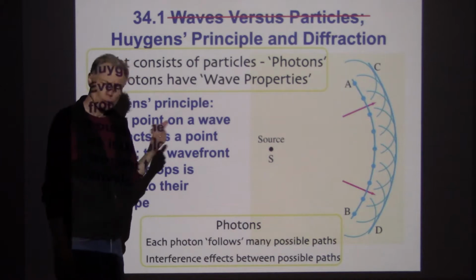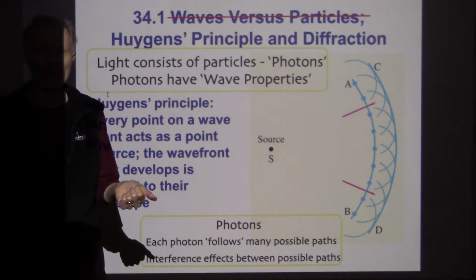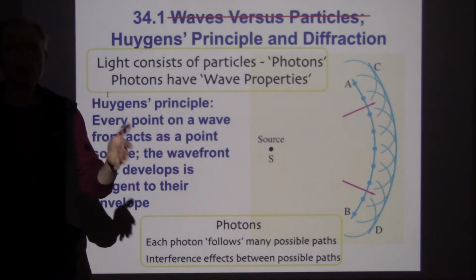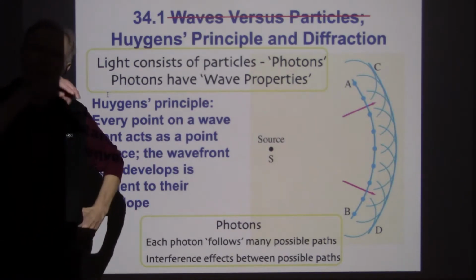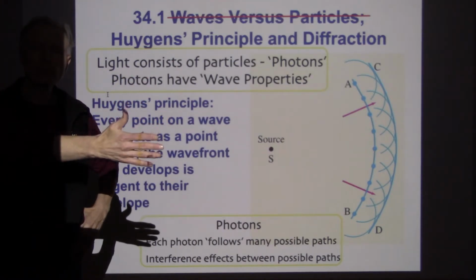Photons don't just follow one path. This is one of the features of quantum mechanics, that a particle like an electron, or a neutron, or a proton, or a photon, is not located at just one point. And they don't follow a very specified trajectory.